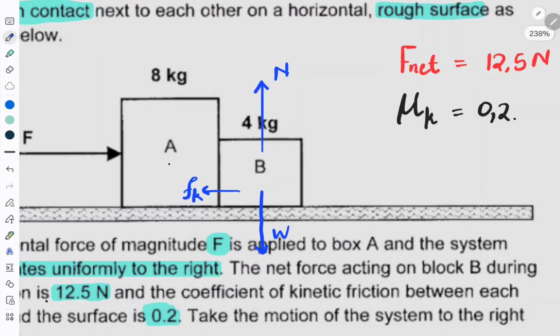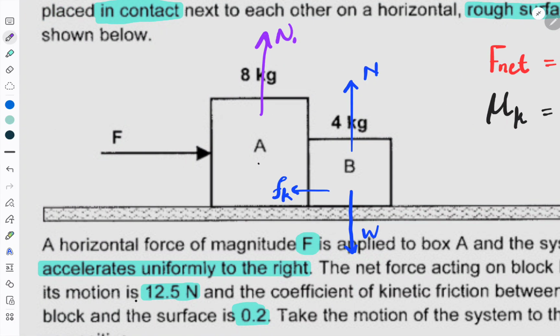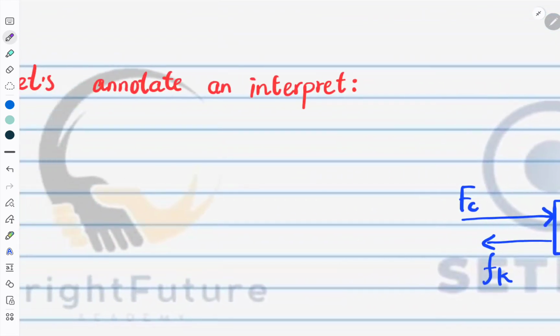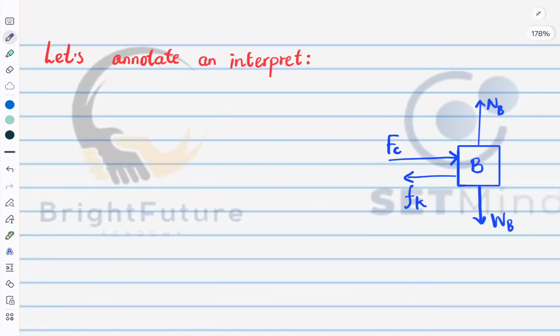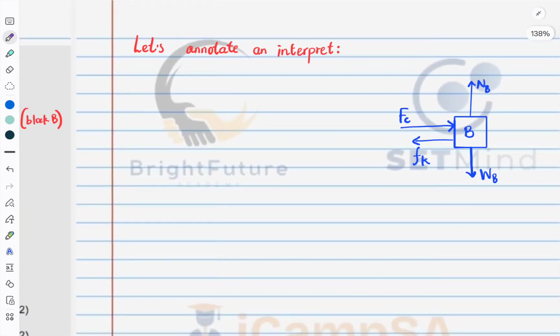Before we do that, let's annotate block A. It will also have a normal force, NA, and the weight A. And then it will have kinetic friction, and then there will be this force here at the interface between A and B. So let's sketch it here. It will be opposite but equal to the one that you see on B, okay? So we can just sketch block A.